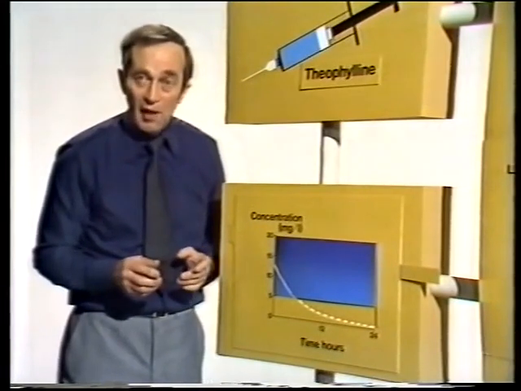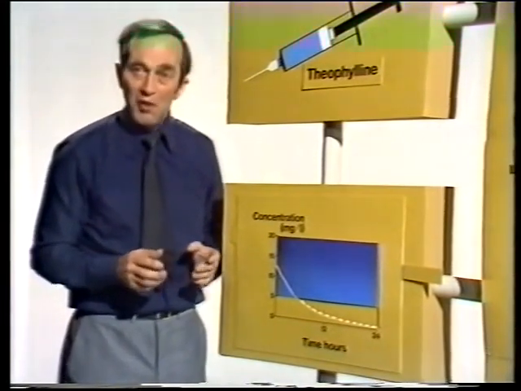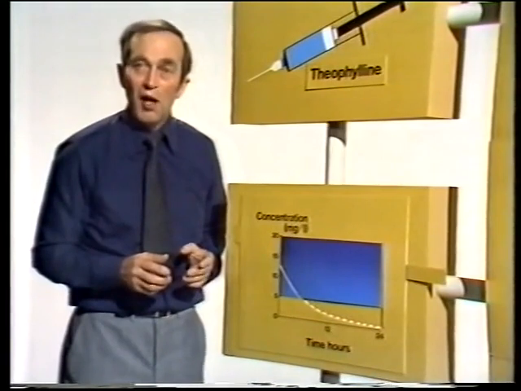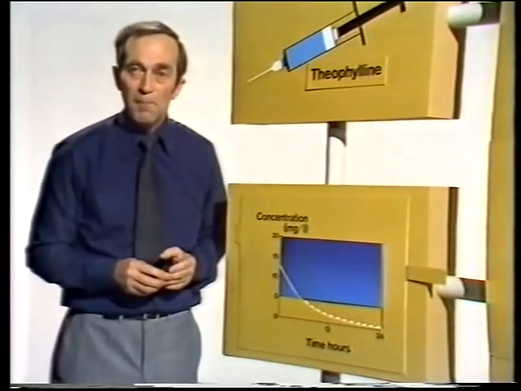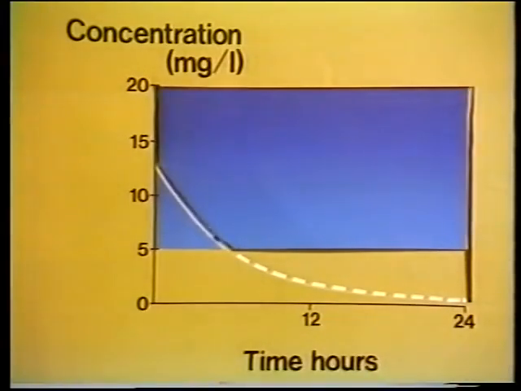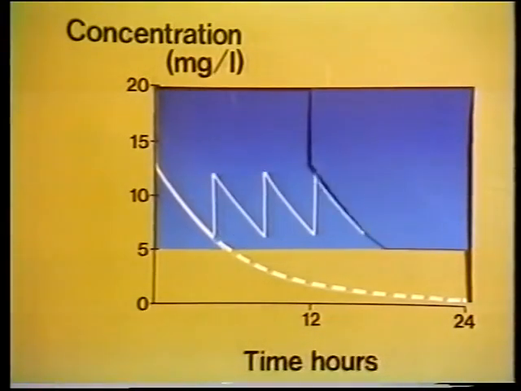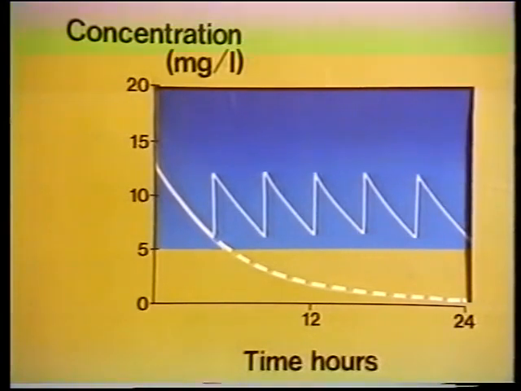That's about the time, then, that the doctor will be thinking of giving the patient another injection so that he doesn't fall below the therapeutic range. And then he'll have to have another injection, and another injection, and another injection, and so on.